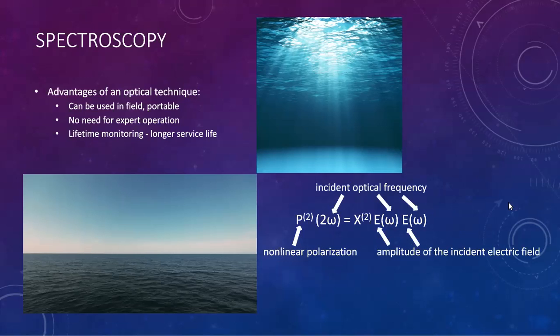These E's here represent the amplitude, so the amount you're putting in of those electric fields. But the main thing here that boils down to our symmetry is the second order nonlinear susceptibility term. This term breaks down into a third rank tensor that essentially tells us when we can get signal, when we can get that polarization and that 2 omega.